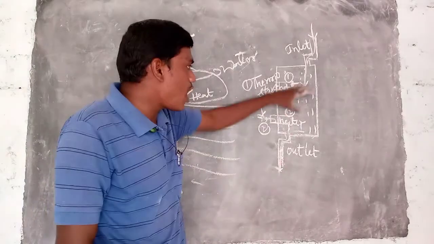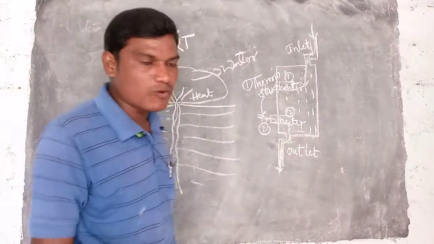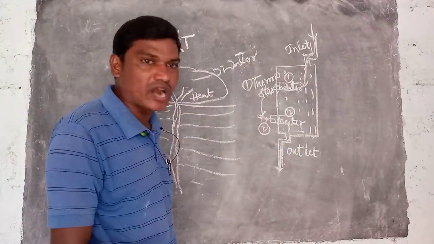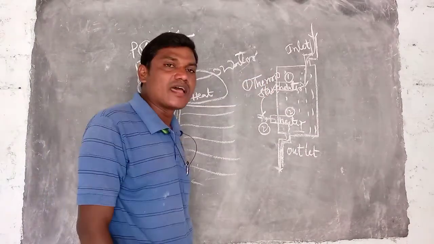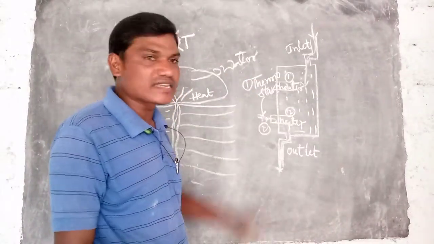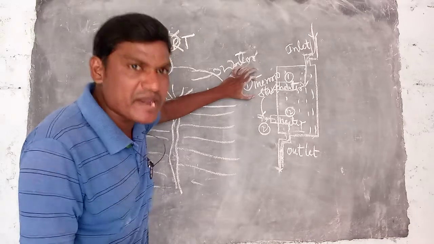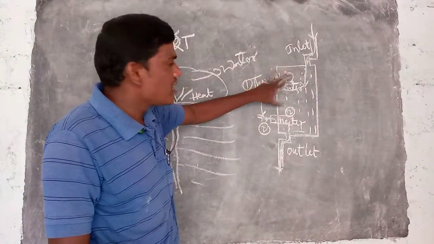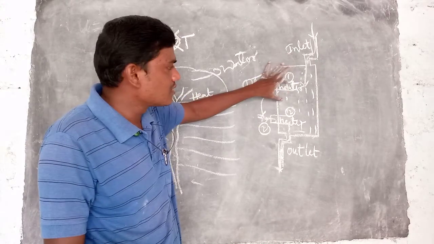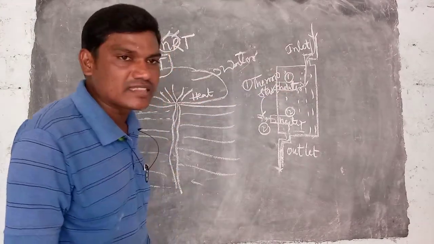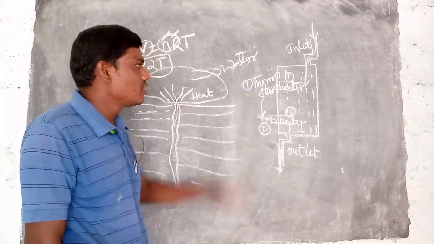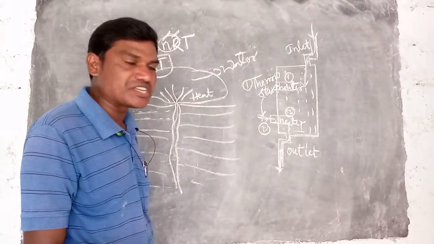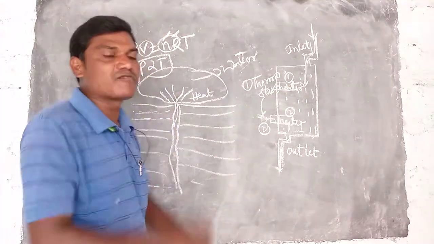That's why, to avoid the water geyser exploding, we use thermostats. The thermostats are connected to the heater from the electrical supply, and they maintain the temperature balance. When the heater reaches a particular temperature, the thermostat automatically cuts off, so no current is supplied to the heater and it does not convert electric energy into heat energy.